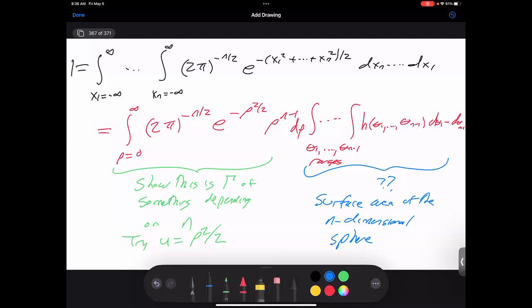So on any shell of the same distance, I'm going to get the same value. And so because of this, I can interpret this with a little bit of work as the surface area of the n-dimensional unit sphere. And then the rho is just going to change which one I'm at. Once I know the surface area of the n sphere, by just integrating that, I can get the volume. And so this allows us to calculate the n-dimensional volume.